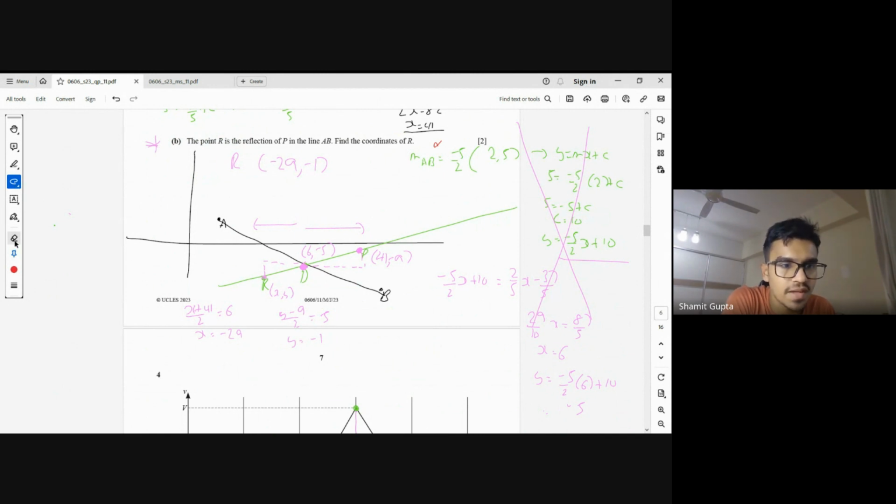Okay, so if I erase this, I just want to show you the concept remains the same. So this was -4. So this is supposed to be -4, -9, right? So x minus 4, because it's the midpoint, x minus 4 over 2 should be equal to 6. So x will be equal to 16.